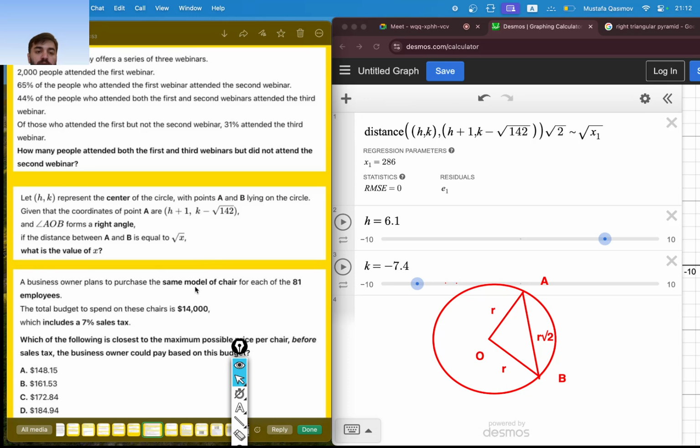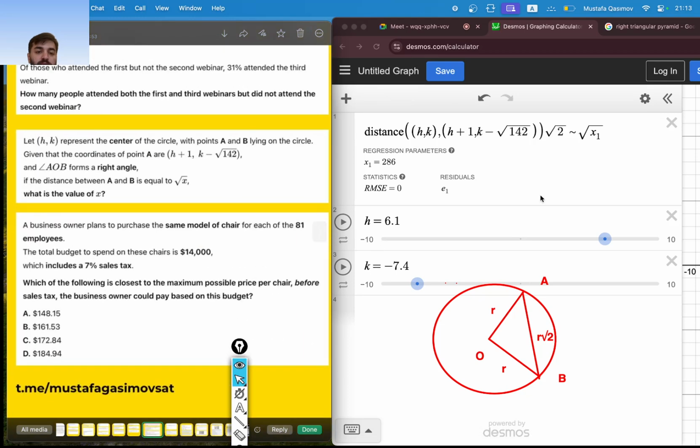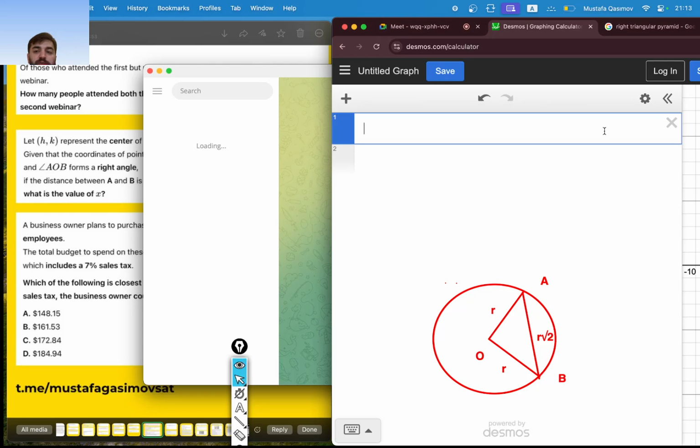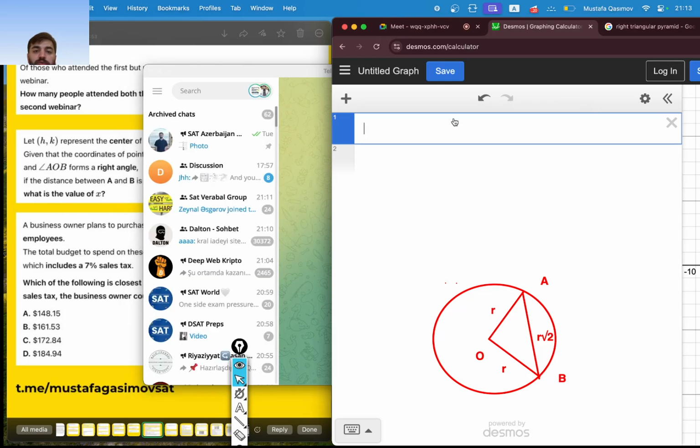Okay, let's continue from the third question here. For the third question, it says that this 14,000 includes 7%, so you have to think of it like this. 4.07 multiplied by A is equal to 14,000.